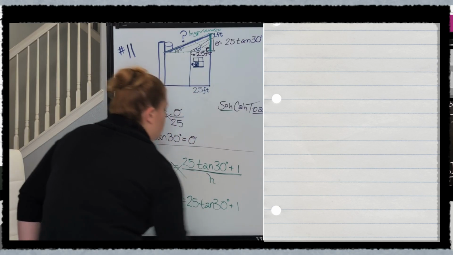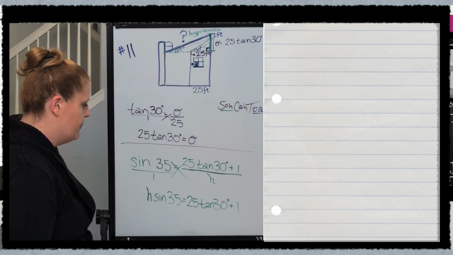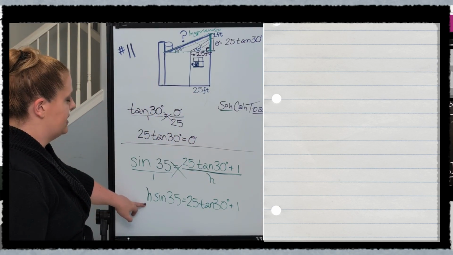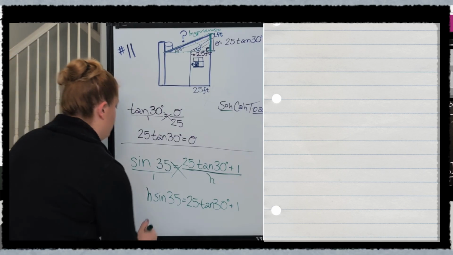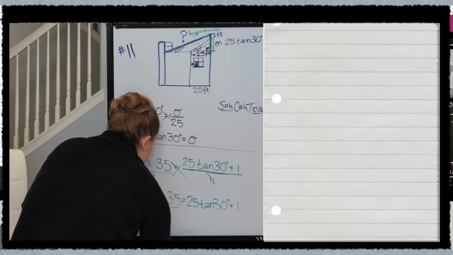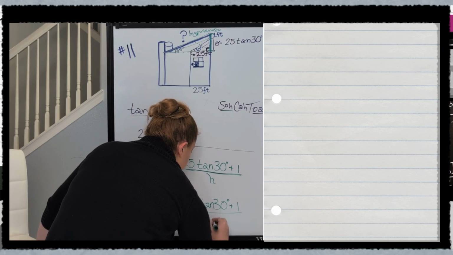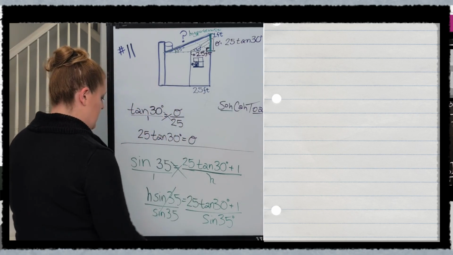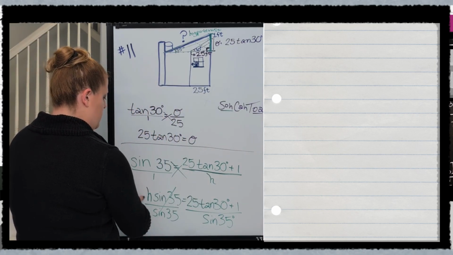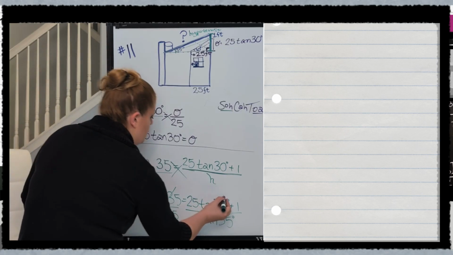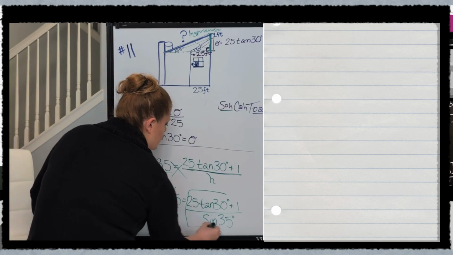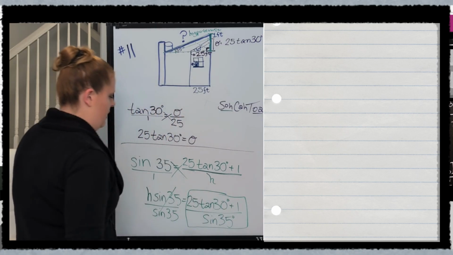And you're going to leave it intact just the way it is. You do not need to put it into a calculator for this problem. To get H by itself, to find our actual hypotenuse, we are going to divide both sides by the sine of 35. Which means my hypotenuse is equal to this whole big thing here.